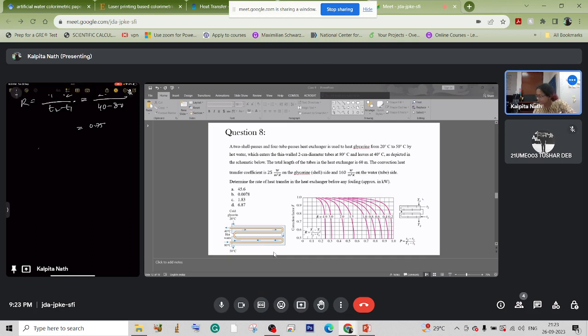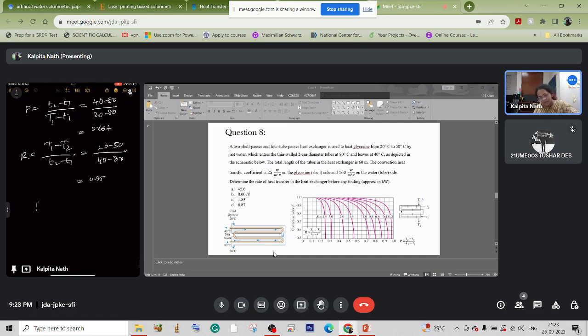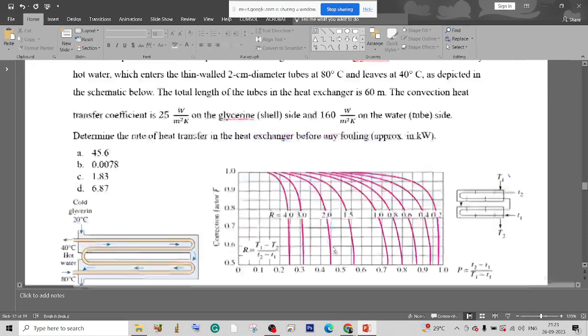Now, if we use this P and this R, let us proceed to the diagram first.